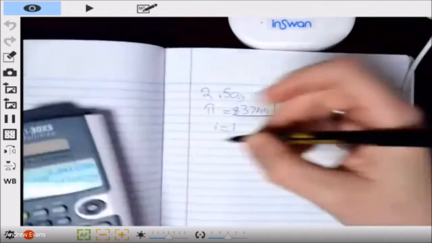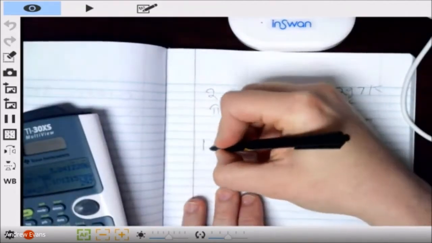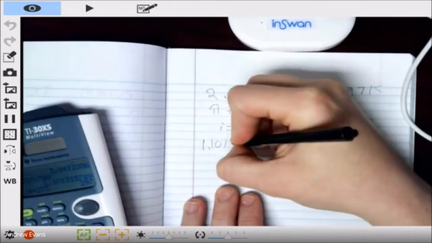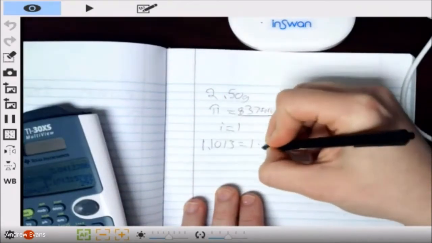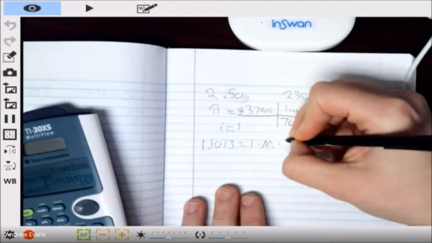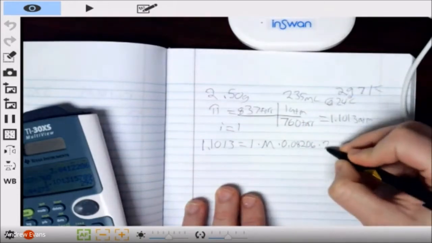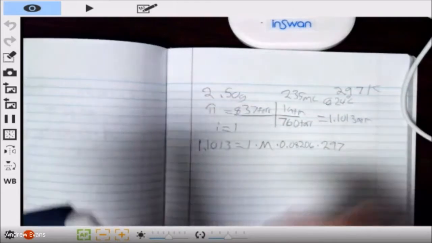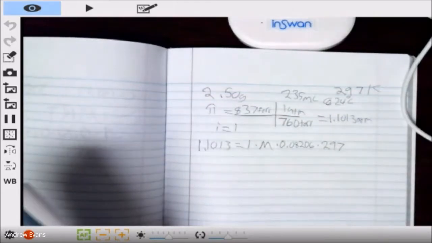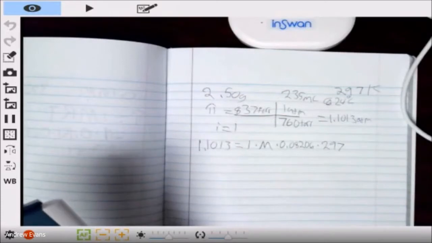With osmotic pressure in mind, we have 1.1013 equals 1 times M times 0.08206 times T, 297. With that in mind, what is our molarity? So take 1.1013 divided by R divided by T. The molarity for this solution would have to be 0.04519.